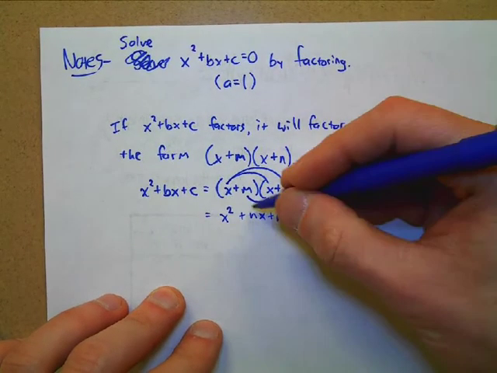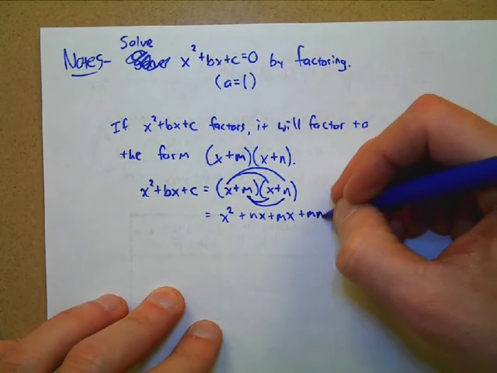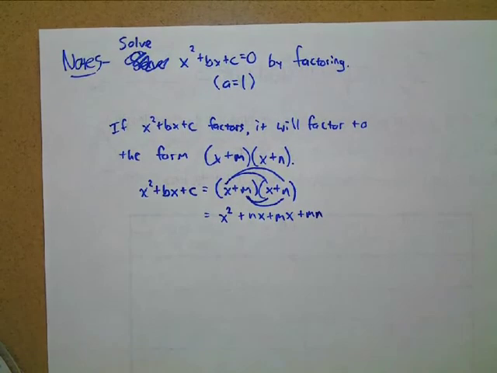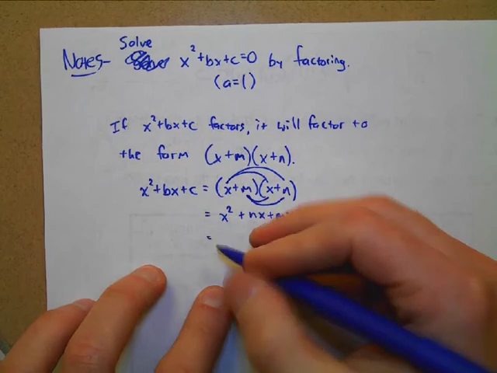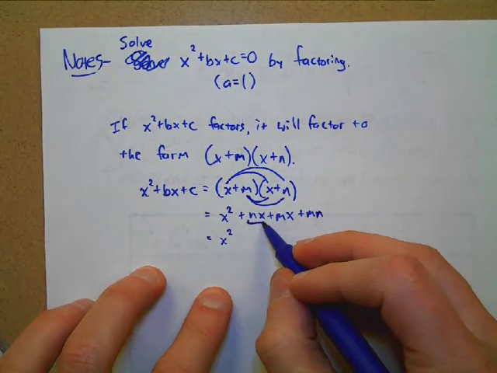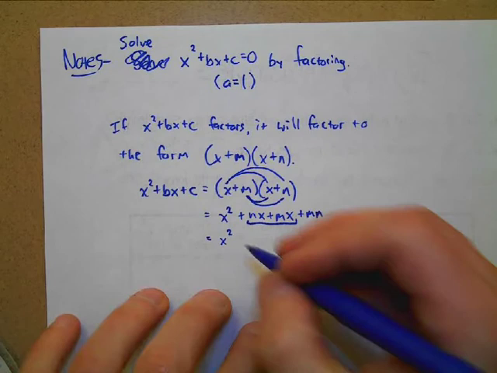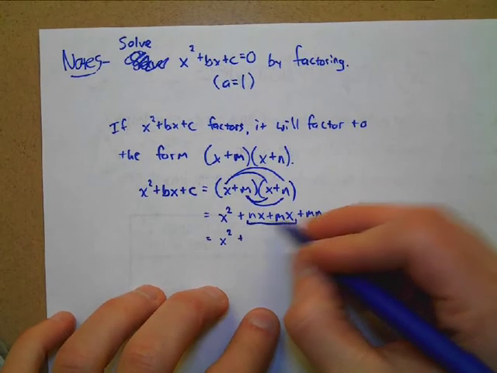And then m times the n, mn. Now, we do one more little step here. These two right here are like terms, the nx and the mx. They both have an x, so I'm going to factor this x out.